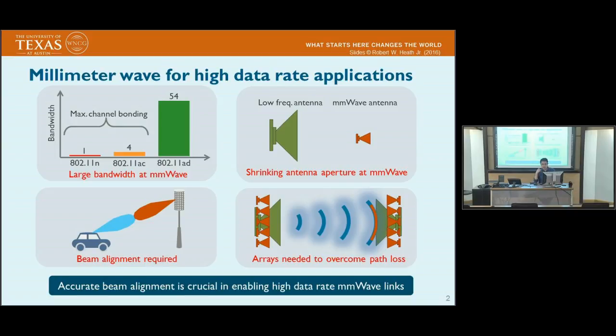The implication of this directionality is that you have to point at the position that the receiver is listening to, otherwise we cannot get a signal. So accurate beam alignment is very important in enabling high data rate millimeter wave communications.